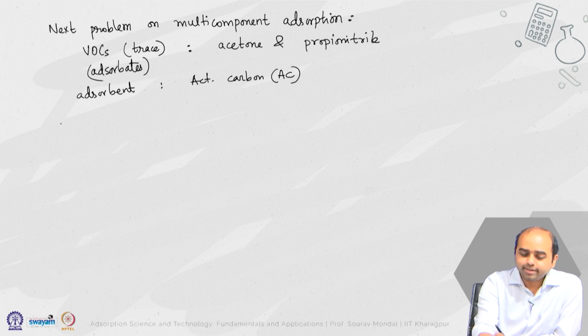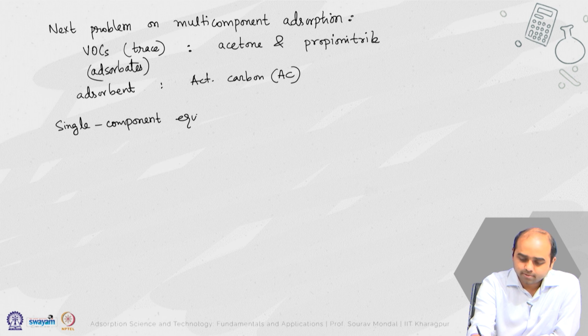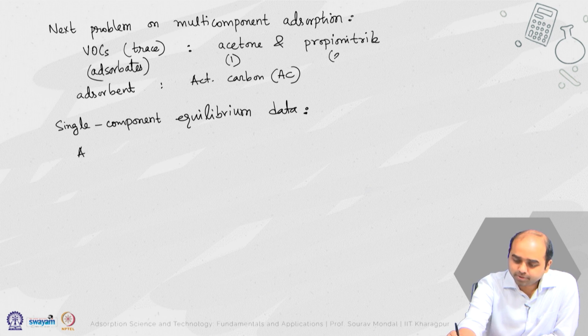Now you are provided with the single component equilibrium data for both. Let us say acetone we call species 1, and propionitrile we call species 2.